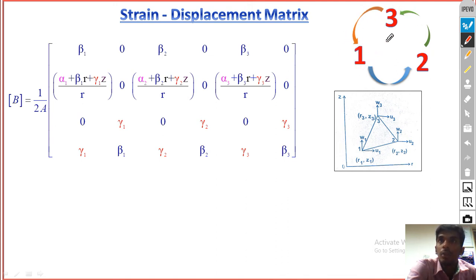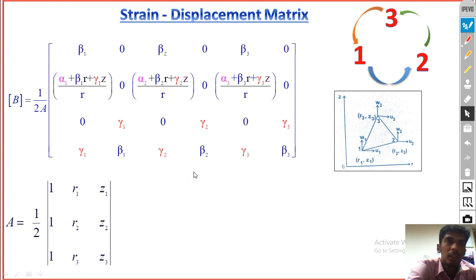It should not be 1 to 3. Always 1 to 2, 2 to 3, 3 to 1. This is the correct way of defining the element. So you can see the explanation where A is the area of the trinodal triangular element.